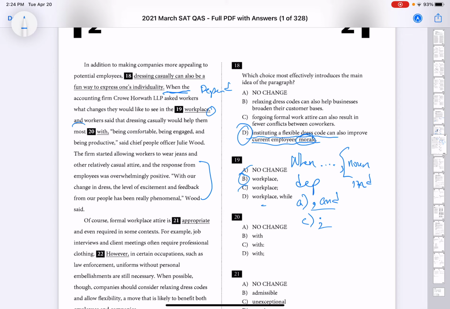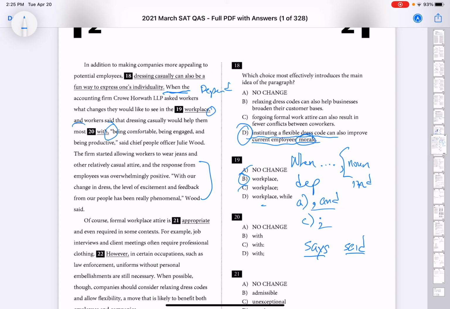All right, number 20. And workers said that dressing casual would help them most with... Okay, so now we have a quotation here. If you do a quotation here, there should be no punctuation before the quotation unless it's the word says or said, or some kind of synonym of says or said.